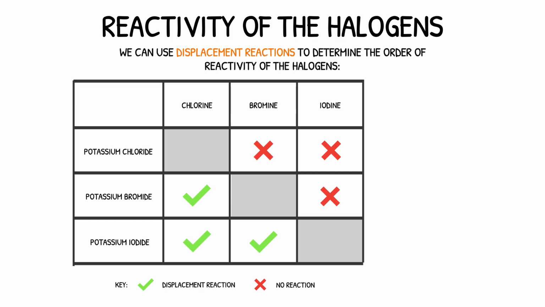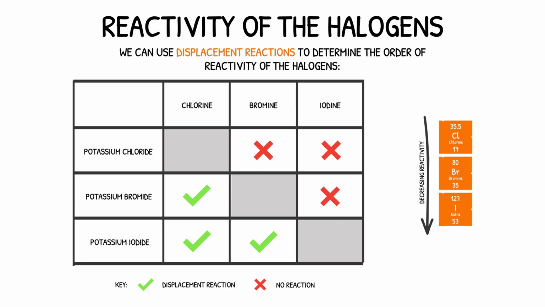We can use this information to determine the order of reactivity of these three halogens. The halogen that displaces the most halogens is the most reactive, and so on. Chlorine displaced bromine and iodine from their compounds, and is therefore the most reactive in this list, followed by bromine and then iodine. This order of reactivity is confirmed by the ordering of halogens in the periodic table.